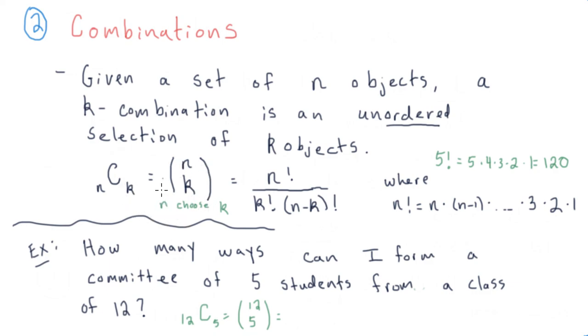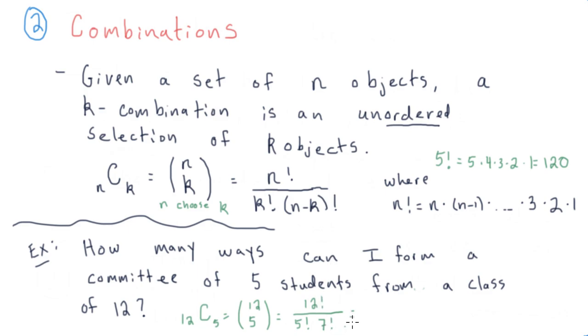Sometimes you'll write it as the binomial coefficient, sometimes it's written like this. But it's equal to 12 factorial over 5 factorial, and then also divided by 12 minus 5 factorial. So 12 minus 5 is 7, so we have 7 factorial.